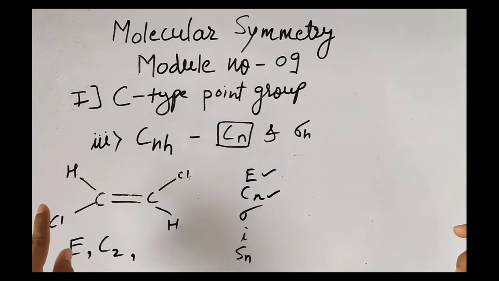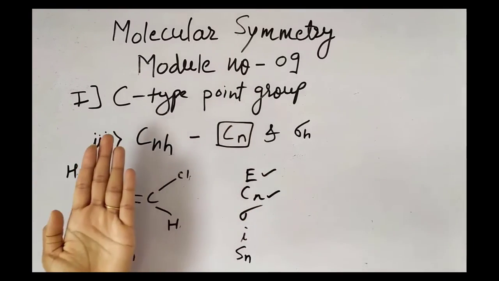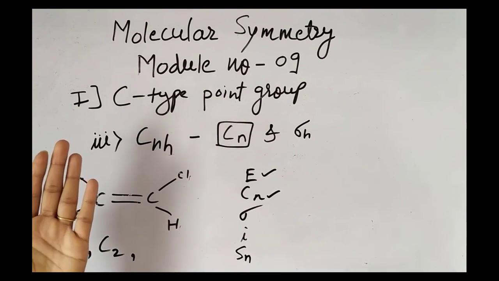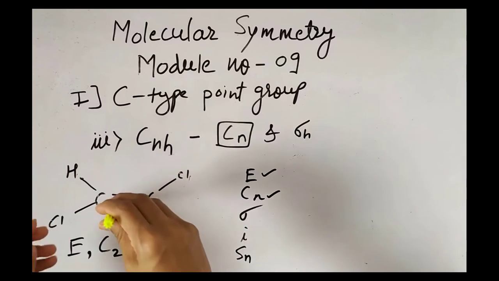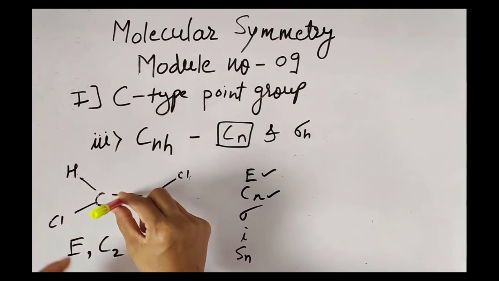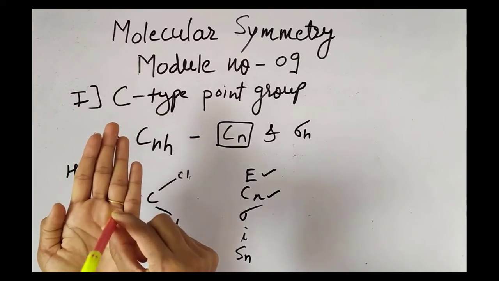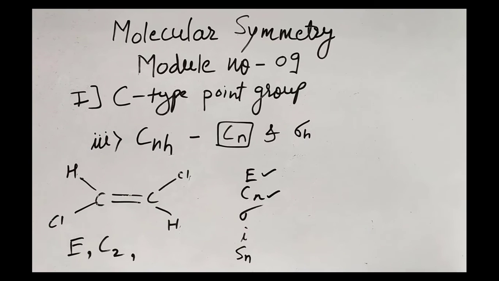And as this plane is perpendicular to the principal axis, we say that this plane is the horizontal plane. This was the principal axis we have passed and this is the plane. So the plane and principal axis are perpendicular. So we say that the plane that is passing is the horizontal plane. Alright.